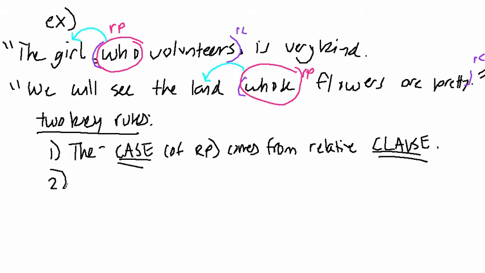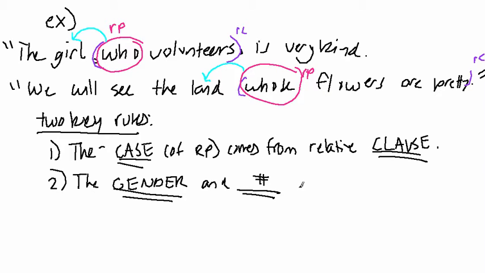Okay, and second of all, the gender and the number of the relative pronoun, again, come from the antecedent.